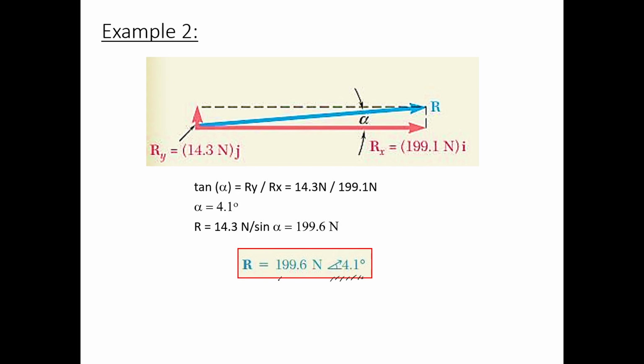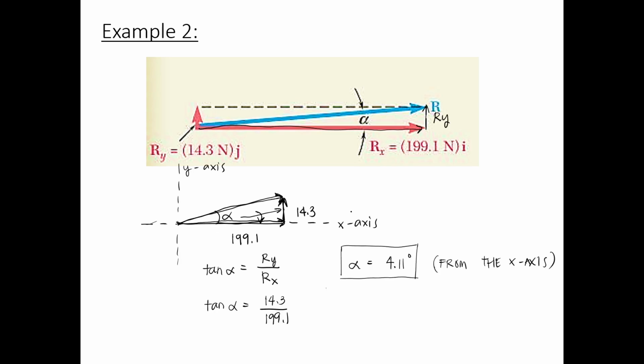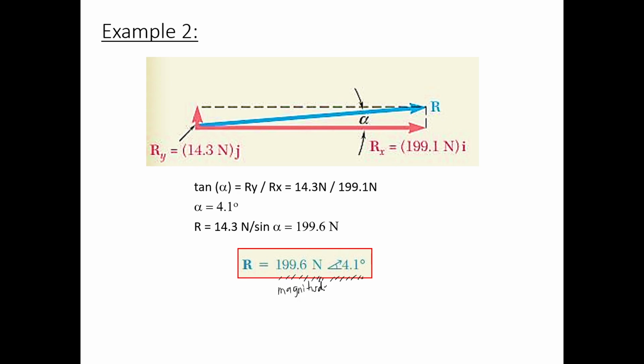So the magnitude of the resultant force plus the direction. This one is magnitude. This one is the direction. So that's what makes your resultant a vector, because it has a magnitude and it has a direction.